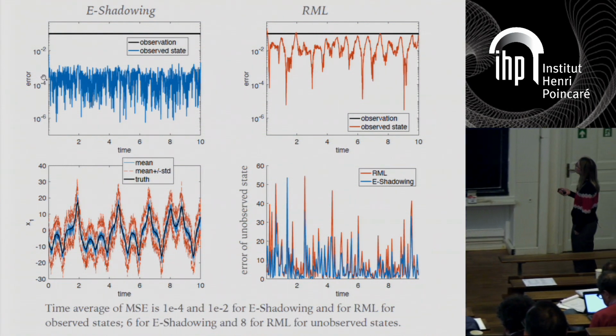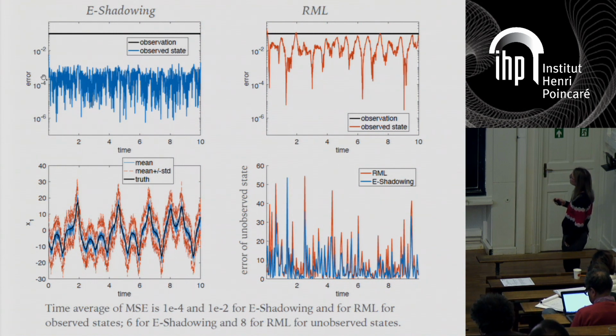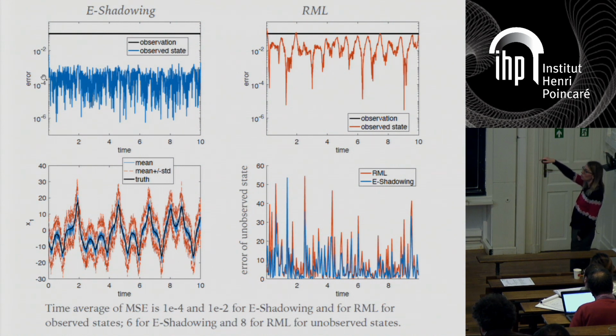We compare it with randomized maximum likelihood, RML, which is an ensemble-based data assimilation method. We show the mean squared error for the ensemble shadowing method and RML on the top. The black curve is the error in the observation averaged over time.